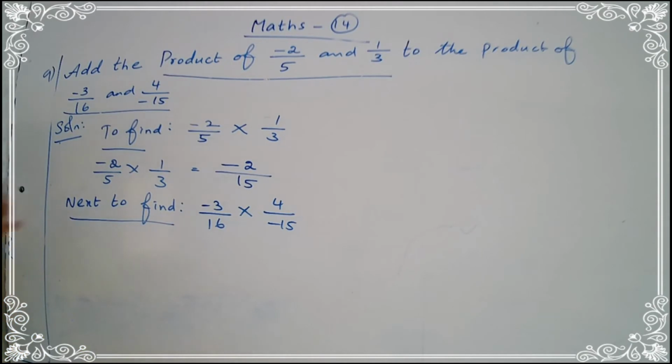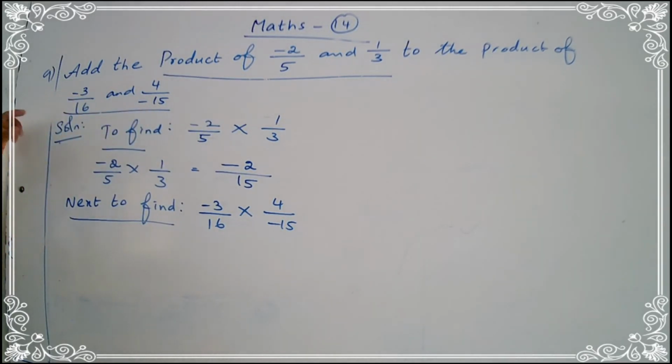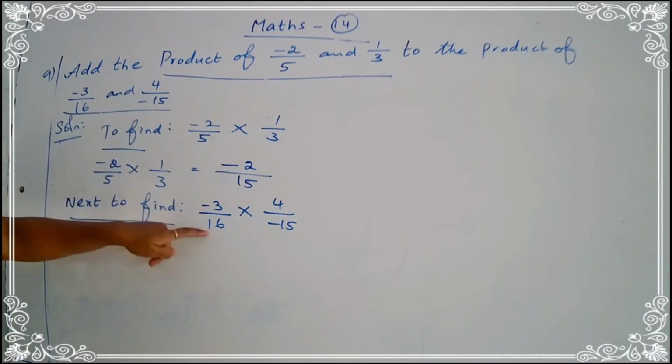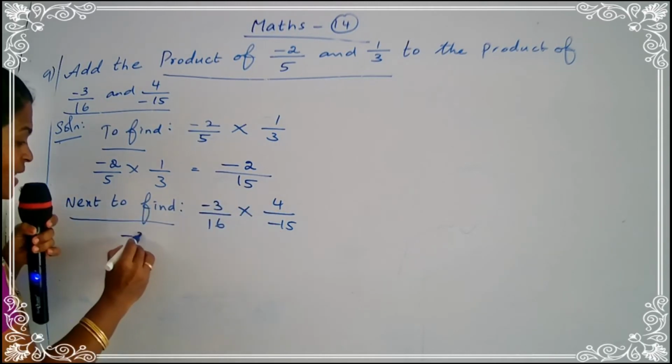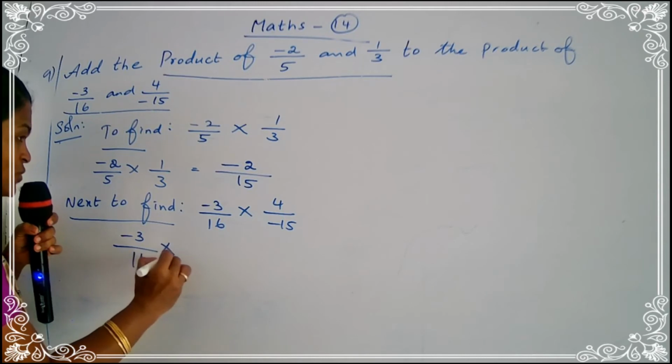Are you clear? Product means multiplication. So, the product of minus 3 upon 16 and 4 upon minus 15 can be written as minus 3 upon 16 multiply 4 upon minus 15. Okay. Now, we find the value of minus 3 upon 16 into 4 upon minus 15.